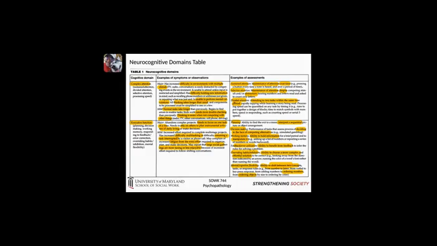Okay, divided attention is the ability to attend to two tasks at the same time. Now, I will tell you that I've read a good bit about multitasking in the last couple of years, and there are a lot of researchers who say the whole idea of divided attention, or certainly multitasking, is something we delude ourselves about, meaning we believe that we're multitasking, but it's really not possible to multitask.